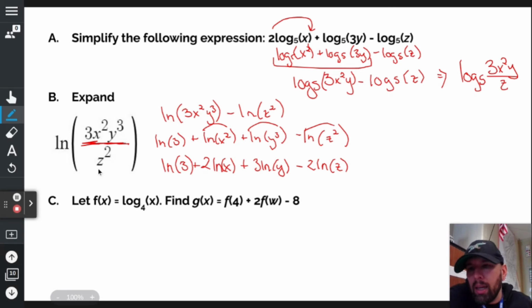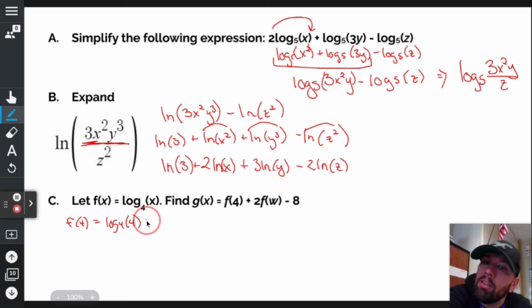Okay, let f of x equals log base 4 of x. I can handle that. Find g of x, which is f of 4 plus 2f of w, so some random w, minus 8. Okay. F of 4 means, let's go off to the side. F of 4 has me plugging in 4 to that original function, so log base 4 of 4, fun fact, is equal to 1.